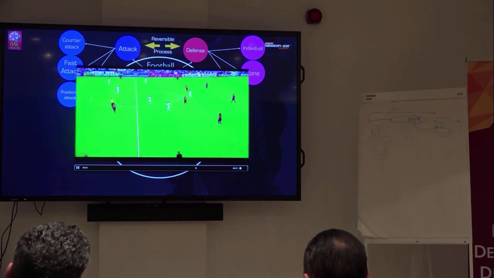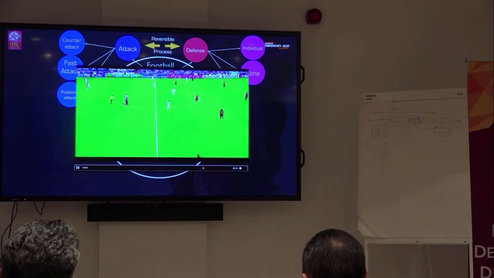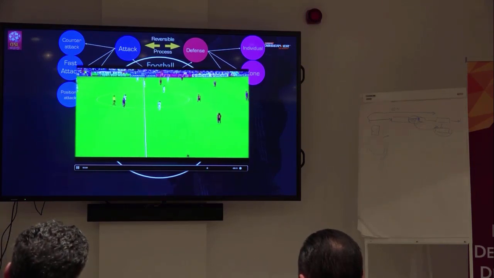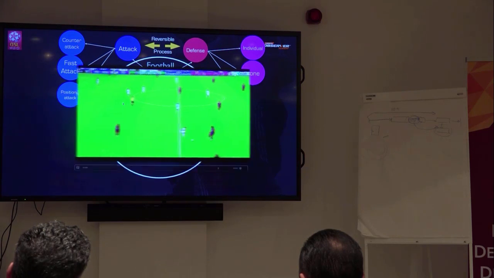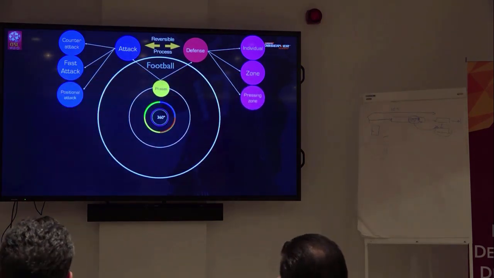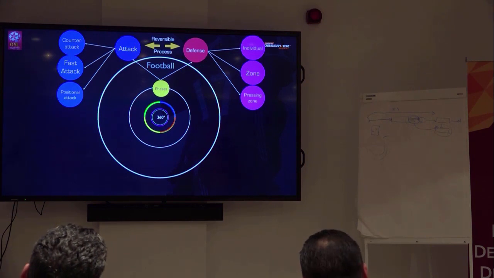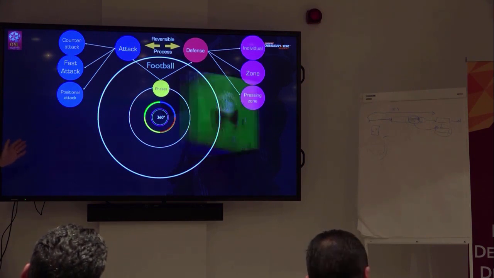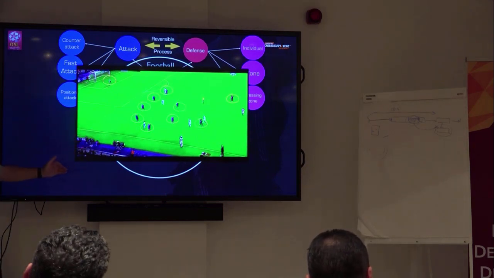Sometimes a player gets out of this space and it unbalances. Okay? And after, you have another type of defense that is more used by the different clubs, a pressing zone. In the pressing zone, the big difference is everyone is on the side of the ball.